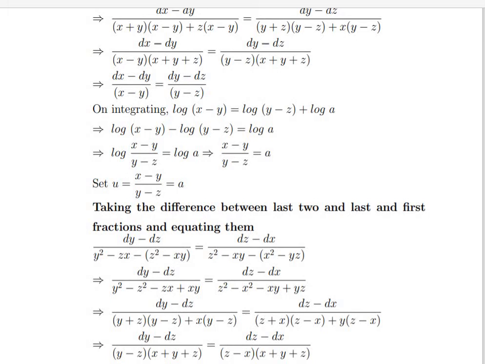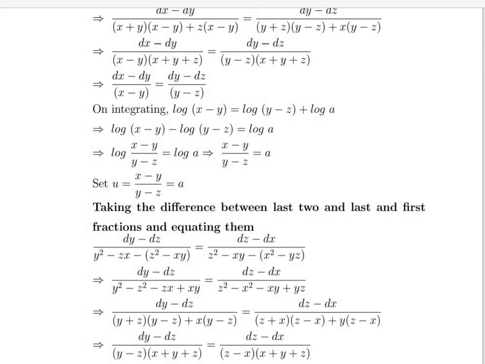After that we take log of y minus z to the left side and apply the property of logarithm, so we get log of x minus y by y minus z equal to log a. Now removing the logs, we get x minus y by y minus z equal to a. So here we set u as x minus y by y minus z equal to a.